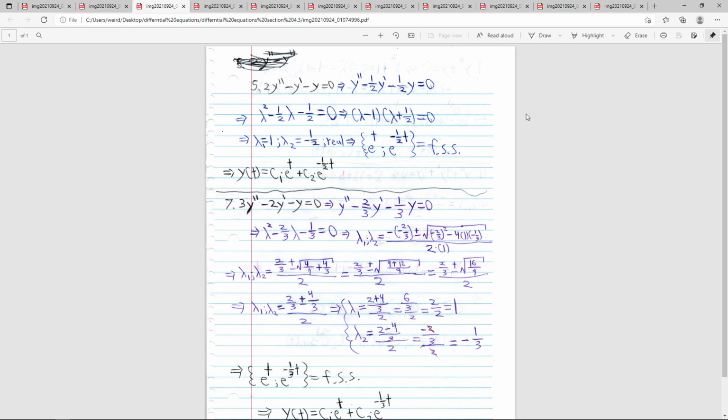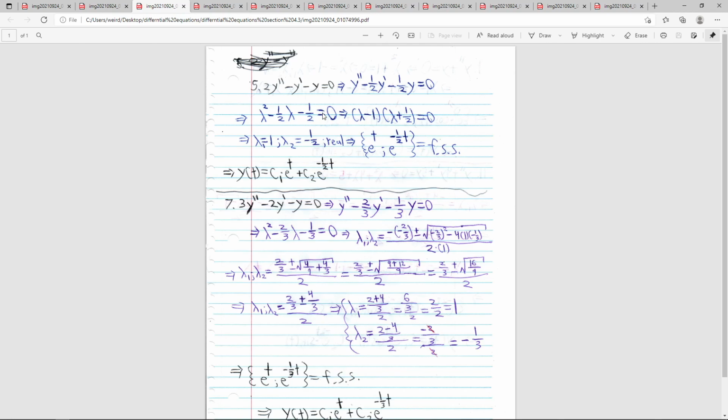Basically, lambda equals negative b plus or minus the square root of b squared minus 4ac, all divided by 2a. And that's going to be shown basically without the symbols, just quickly plugged in.